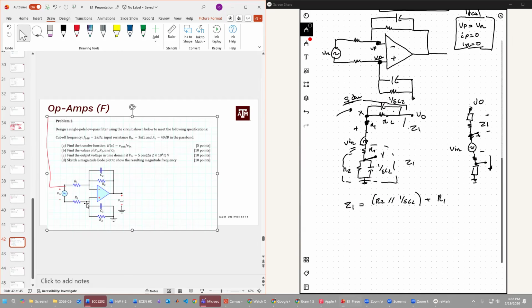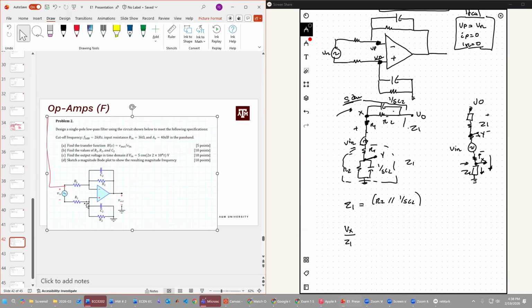Taking a look at this node over here, we can say that this point, let's call this X and I'll call this Y. So Vx over Z1. So the new Z1 doesn't have this added on it. So it's going to be something like this. That's the current flowing through. Okay.